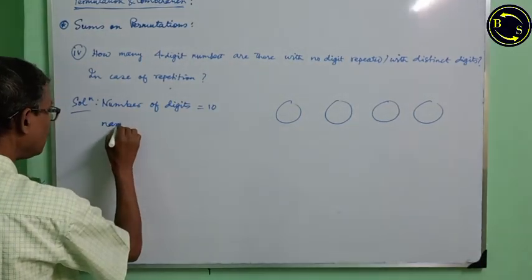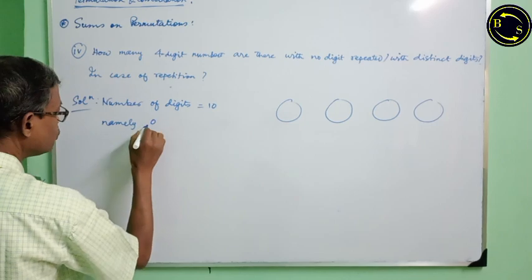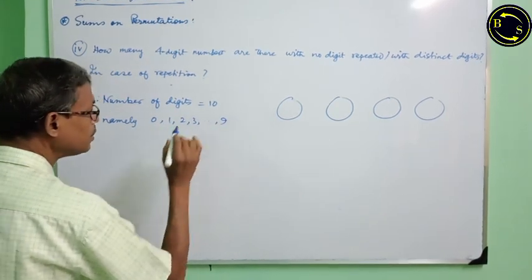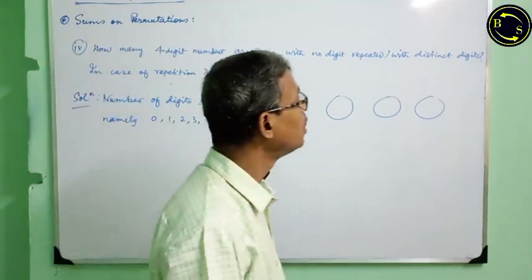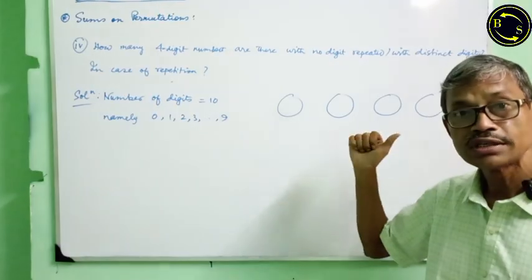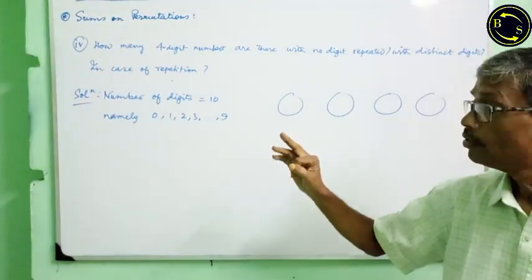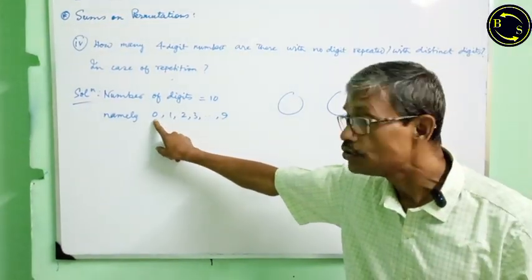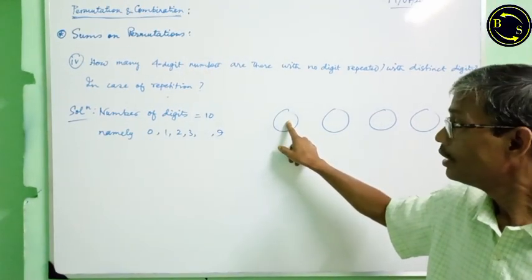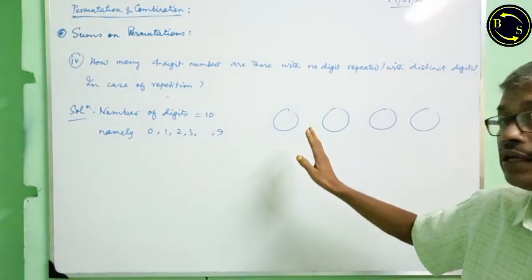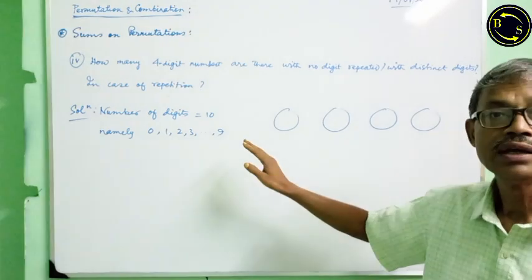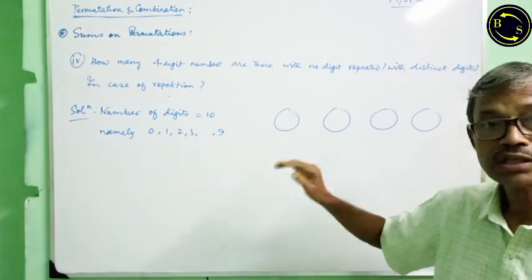namely 0, 1, 2, 3, up to 9. We have to form 4-digit numbers. Now, if we place 0 at the first place, then ultimately the number formed will be less than 4-digit.